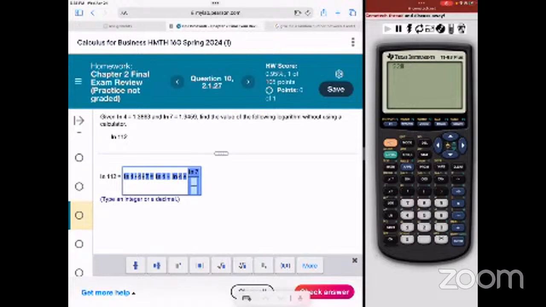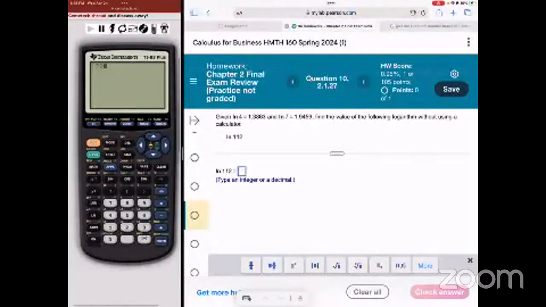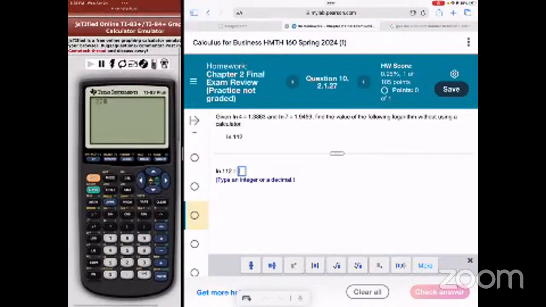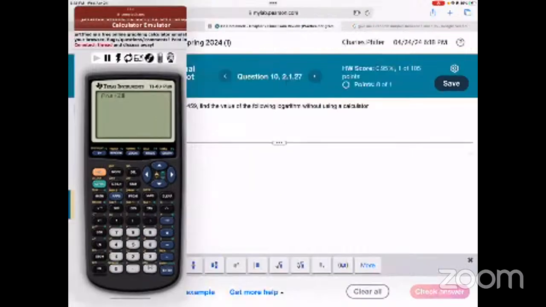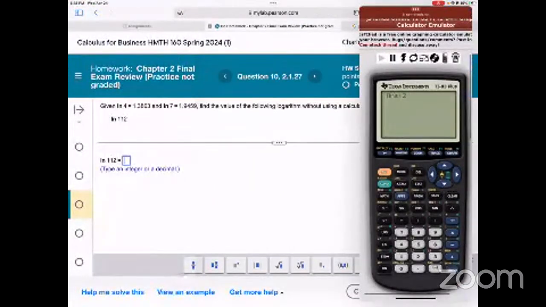Maybe if I switch this around like this, maybe that'll do it. Nope. How do I get the cursor over here? Okay, let's see. Try one other thing. Put it like this. Sometimes this will do it. There we go. That did it.